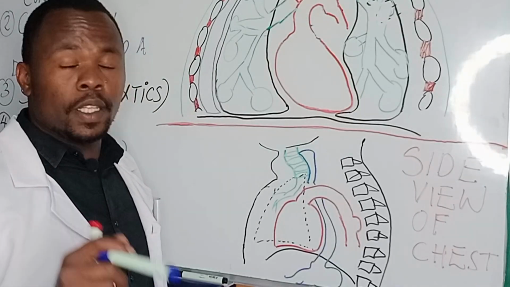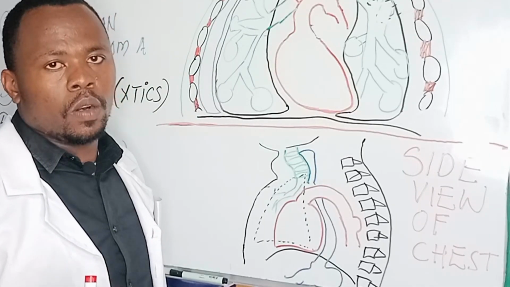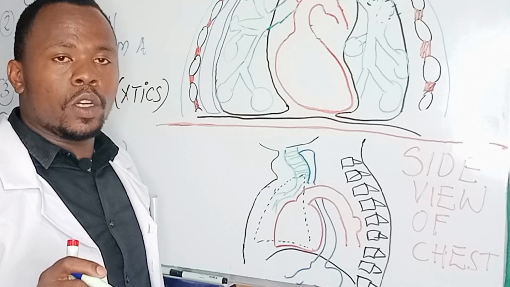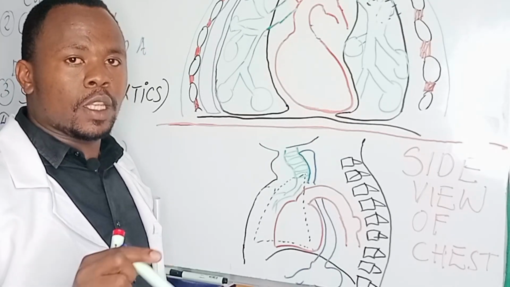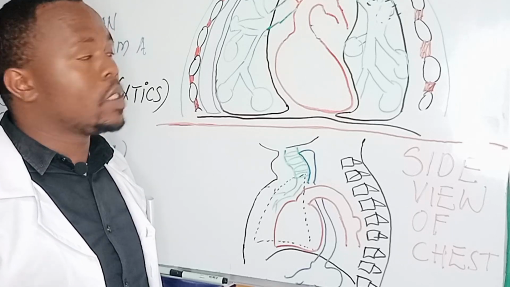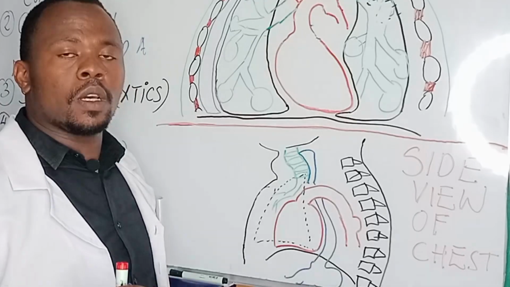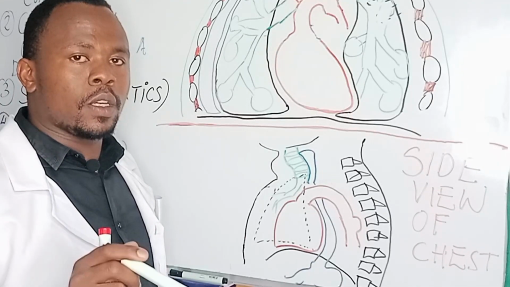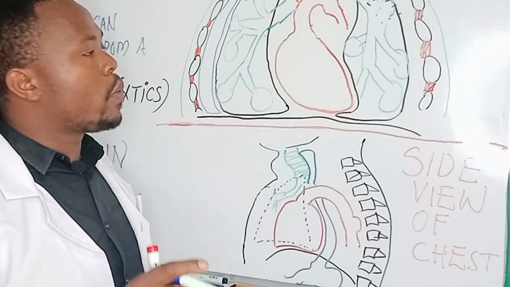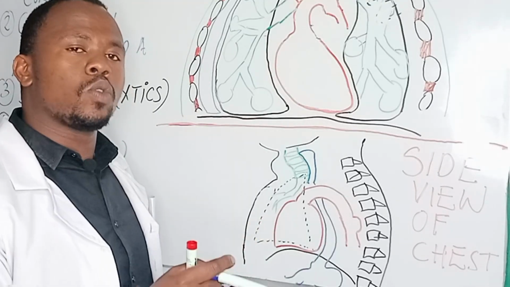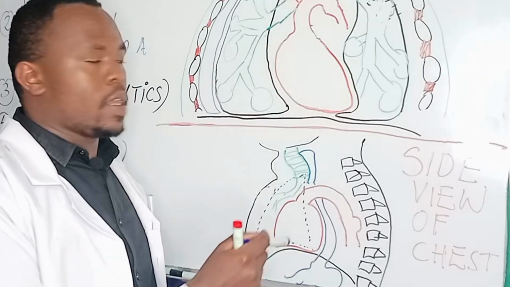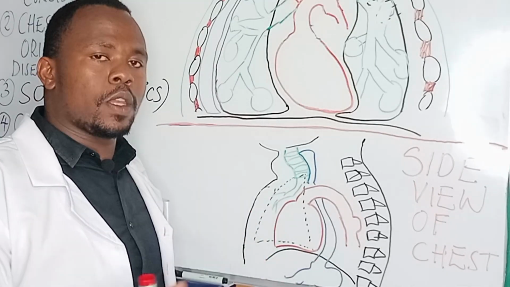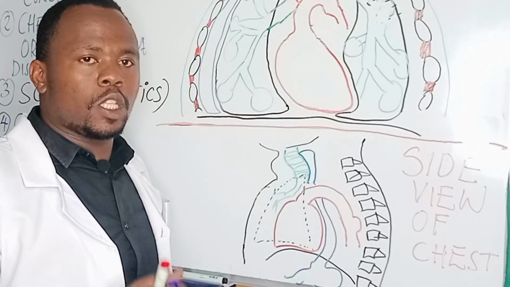Then we have the joints of the chest wall. Joints means where two bones meet, that one we always call it a joint. These joints in the chest wall include, one, where the ribs attach to the backbone. There is a joint. Then there is a joint on the front part where the ribs attach to the breastbone.